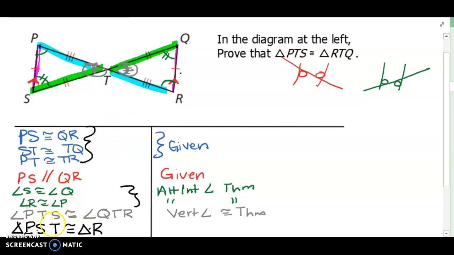So what angle corresponds to S? Angle Q does, because angle S and Q are congruent. And then last but not least, angle T over here corresponds to T over here. So I could say the triangles are congruent by the definition of congruent triangles. I know that's a lot, but it is doable. And luckily for you, we will learn ways that we don't have to do all of this.